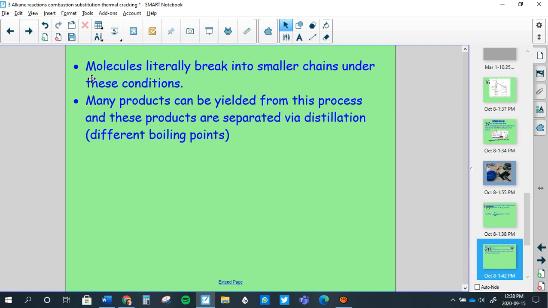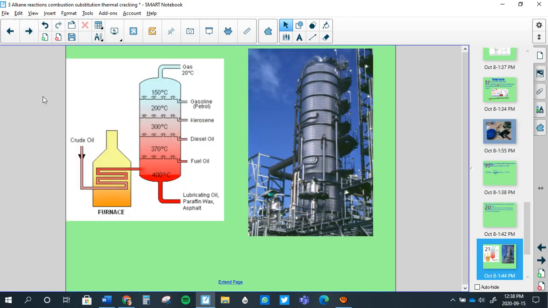Again, just like that non-site specific halogenation, you can separate these products using distillation, right? So this can be refined away, or distilled, based on their certain boiling points. So crude oil is pumped in here, reaction takes place in a furnace, and substances that evaporate at certain temperatures can be fractionated out.